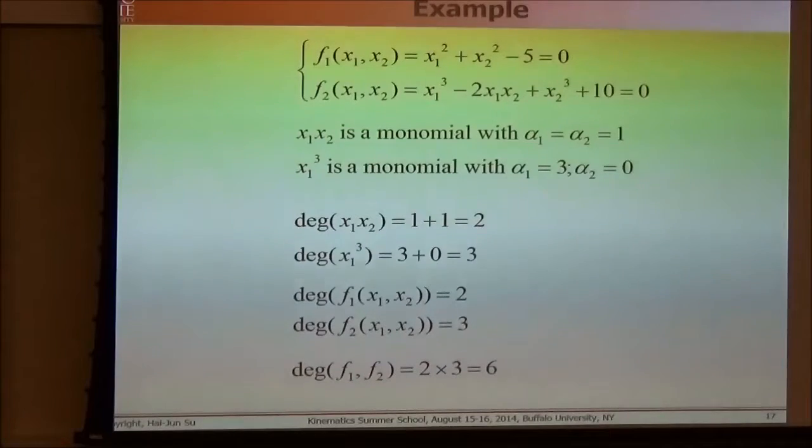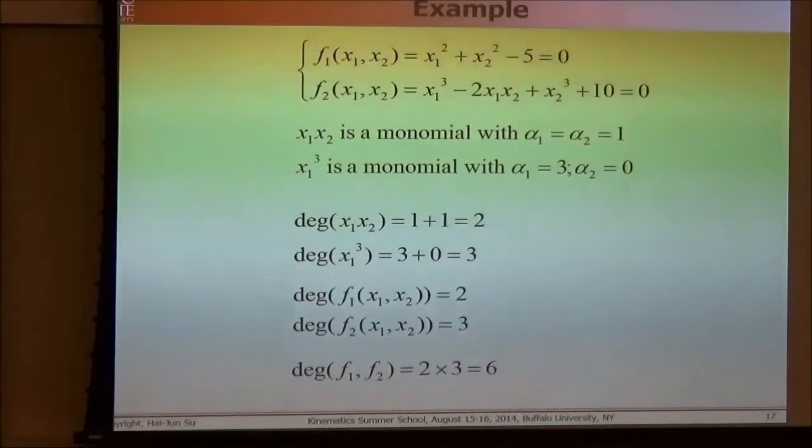So yesterday, Professor McCarthy said this polynomial system has a total degree of 10 to the power 46. That's how you get it: you multiply the degrees to get the total degree. If you have 10 equations, each of degree 6, that's 6 to the power 10. But the actual number of solutions is much less than its total degree.